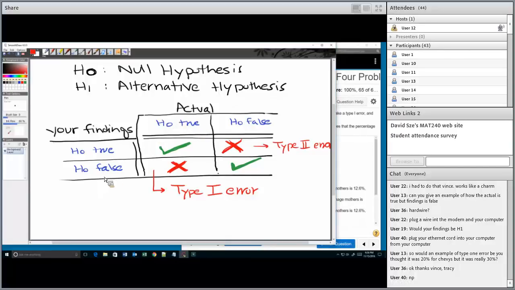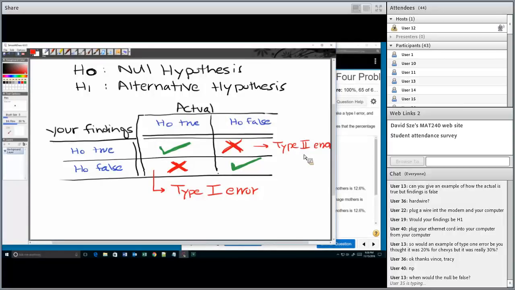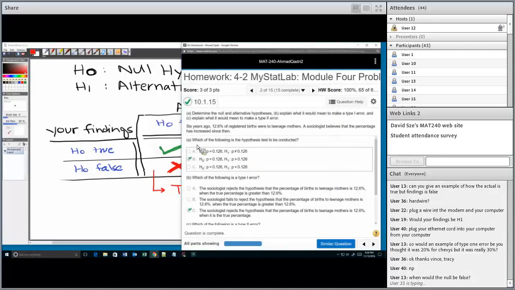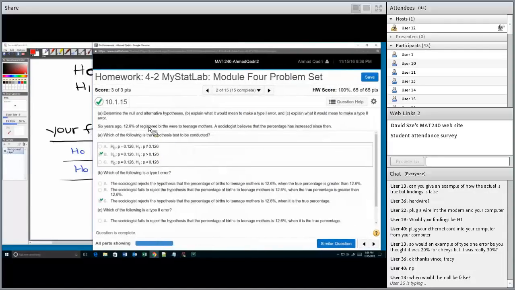When the null hypothesis is true and you reject the null hypothesis based on your analysis, that's a type 1 error. When the null hypothesis should be false, but based on your analysis of the sample you find that it's true, then you've made a type 2 error. Okay, so let's take a look at this example now.